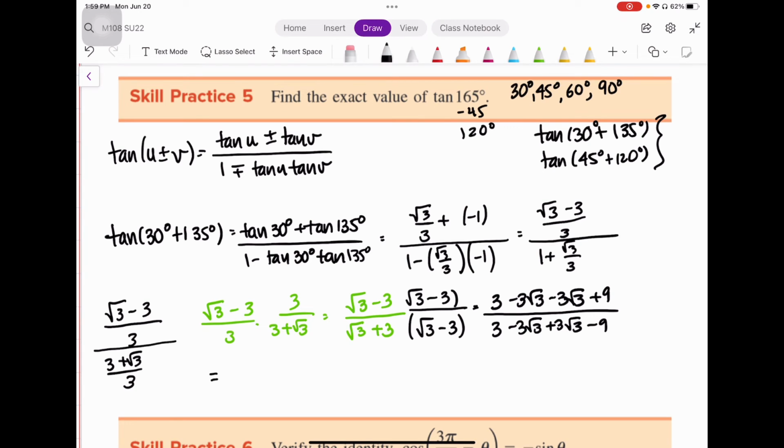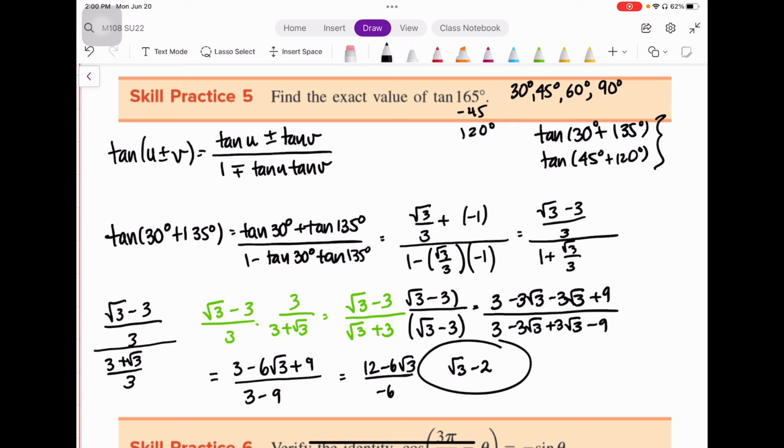That simplifies to 3 minus 6 root 3 plus 9 over 3 minus 9, or 12 minus 6 root 3 over negative 6. And I'm going to divide out that negative 6 to give me root 3 minus 2, because 12 divided by negative 6 is negative 2, and negative 6 root 3 divided by negative 6 is root 3.